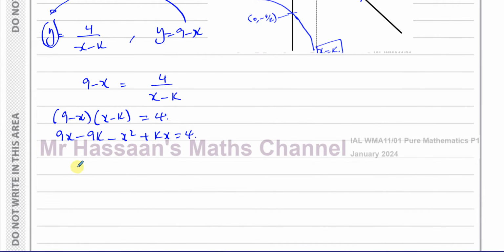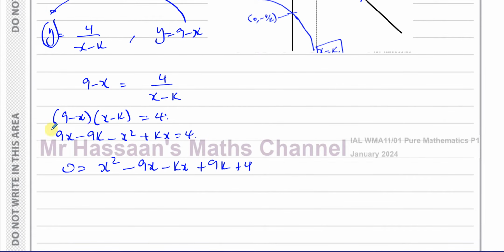So we're going to have 0 on this side, and you have x squared, minus 9x and minus kx, and then plus 9k and plus 4. All of these change signs when I put them on this side.